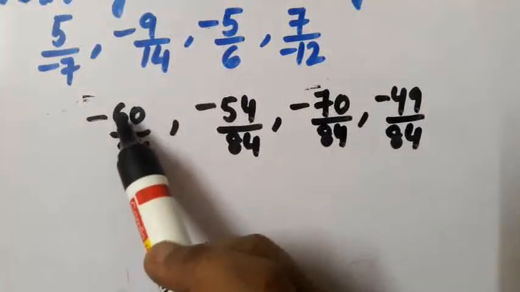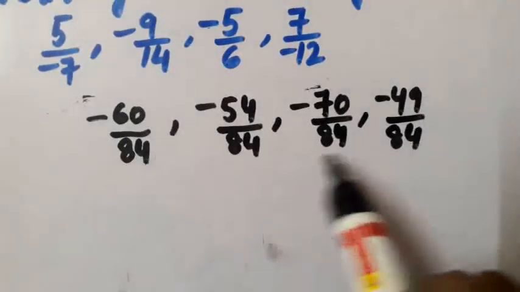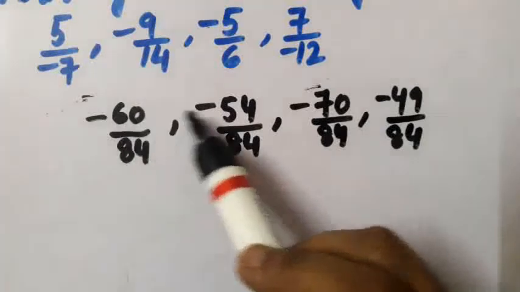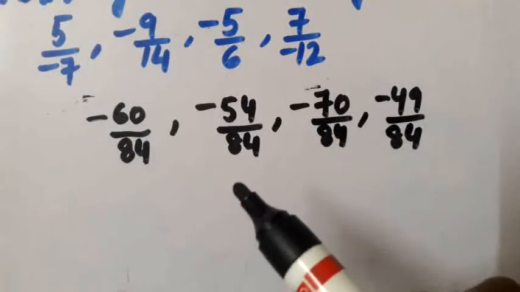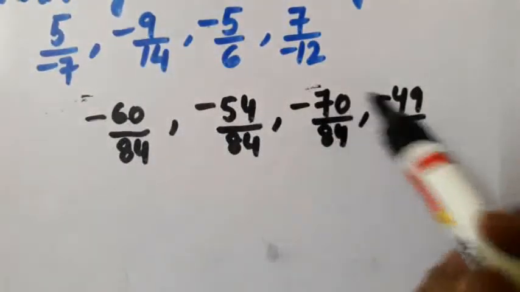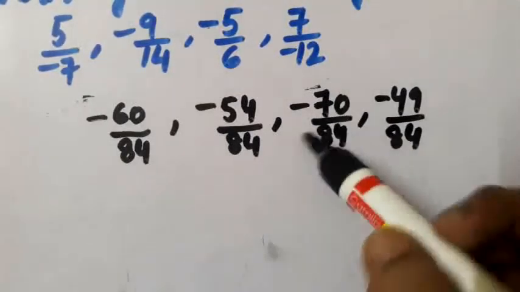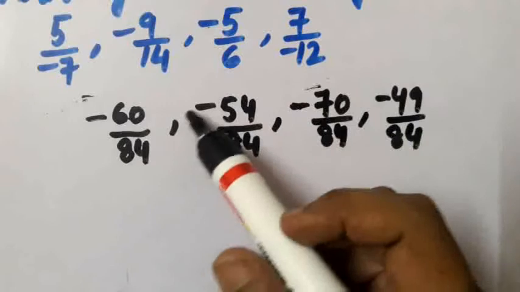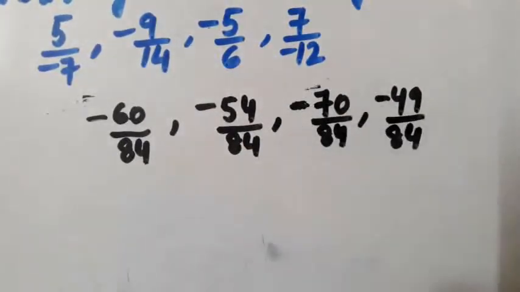Here you see minus 60, minus 54, minus 70, minus 49. All the denominators are the same, so you only consider the numerators and see which one is smaller. Ascending order is nothing but smaller to bigger. The bigger number will become smaller because of the negative sign. 70 is the bigger number, but minus 70 becomes the smaller.